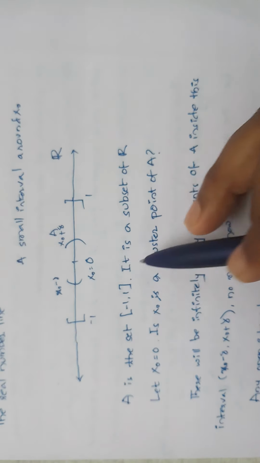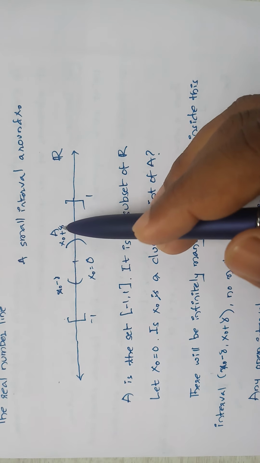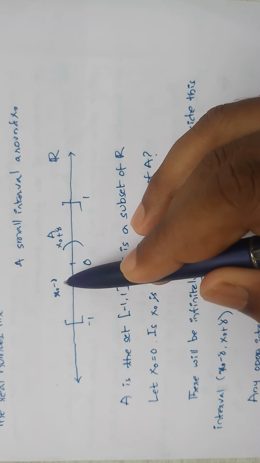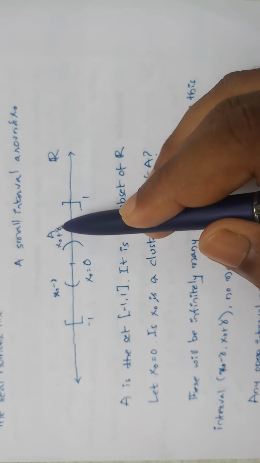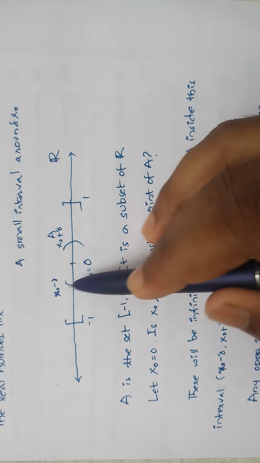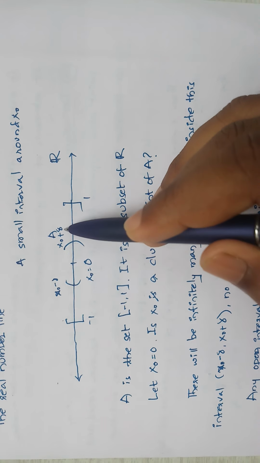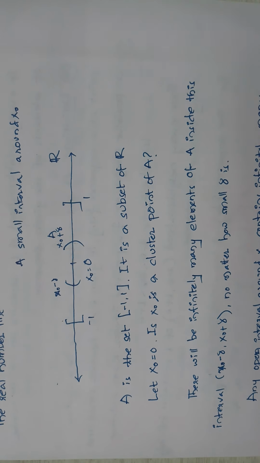Is x naught a cluster point of the set A? For that we have to check. Here I am drawing the open interval x naught minus delta to x naught plus delta. Between these two points, there are infinitely many points. So there will be infinitely many elements of A inside this open interval.